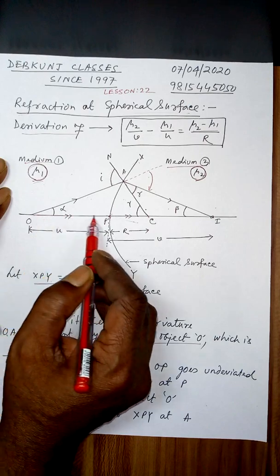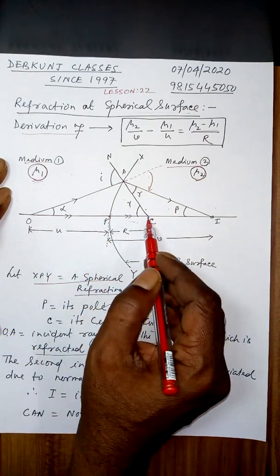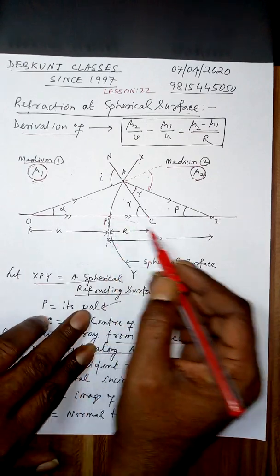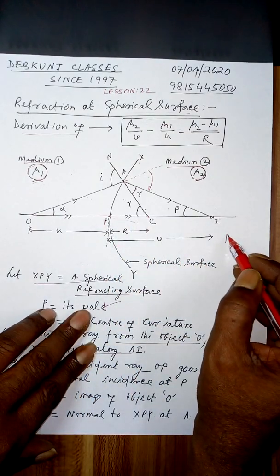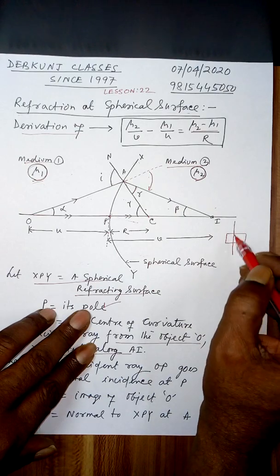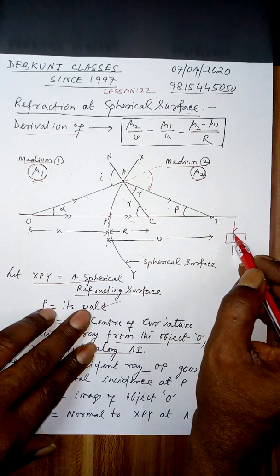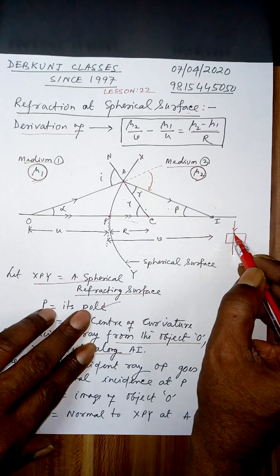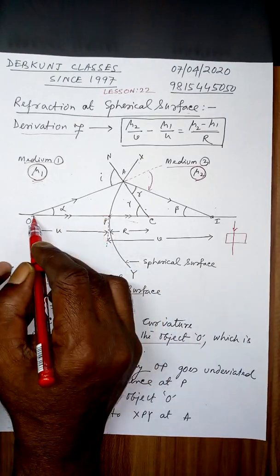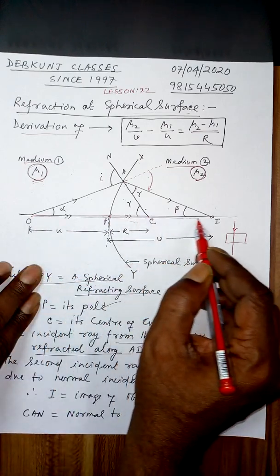This is the incident ray. At this point, this is also the normal, and I have explained before for normal incidence, if the ray was coming normally, there was no refraction here. It was explained in the previous lecture. So the ray OP traveling along this goes straight.